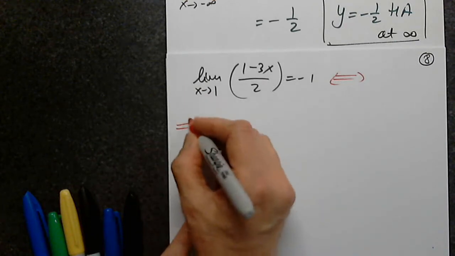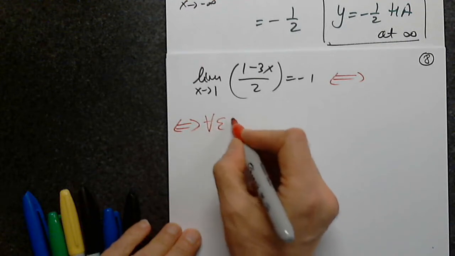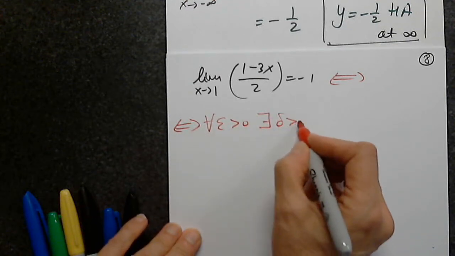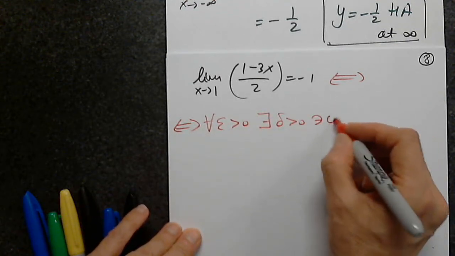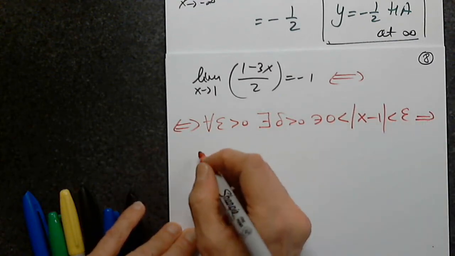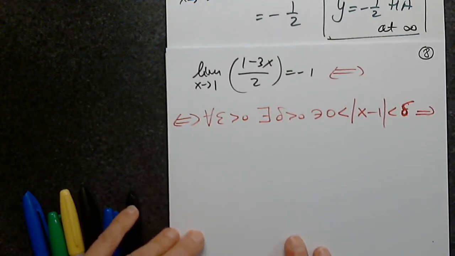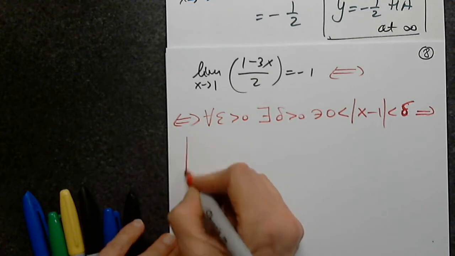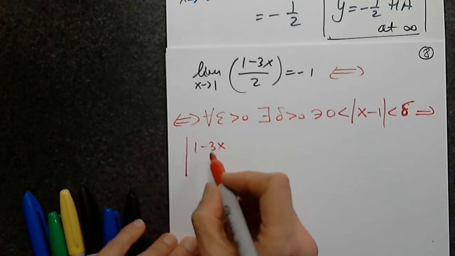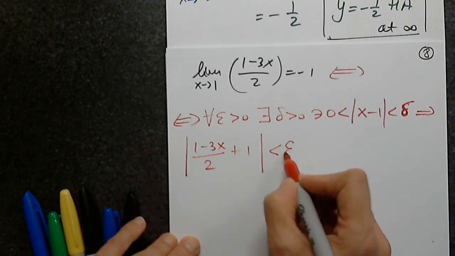So this is equivalent to saying that for every epsilon greater than 0, I will find a delta greater than 0 such that the absolute value of x minus 1 less than delta implies the absolute value of 1 minus 3x over 2 plus 1 less than epsilon.